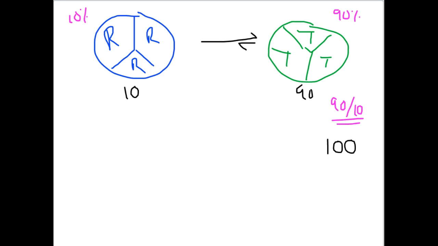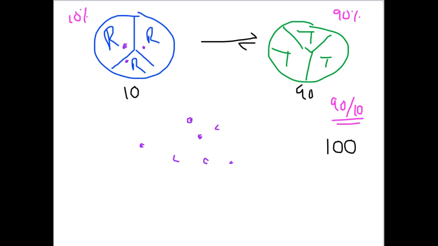And let's go ahead and add substrate to this reaction. So we'll add substrate, I guess we'll make substrate purple. So substrate binds, substrate is added, right? And that substrate is going to bind to the R form. It's the only form it can bind to.